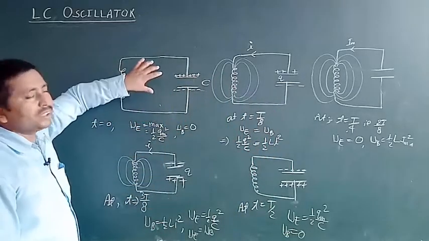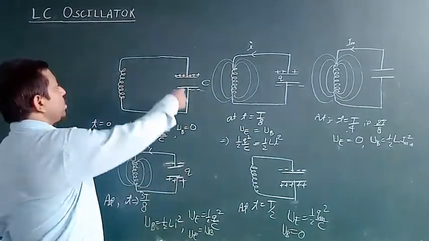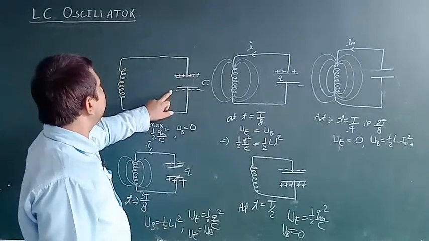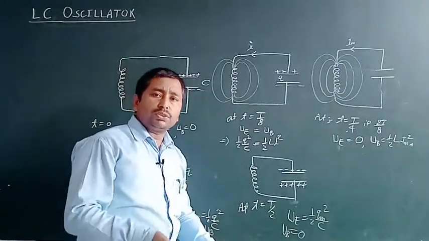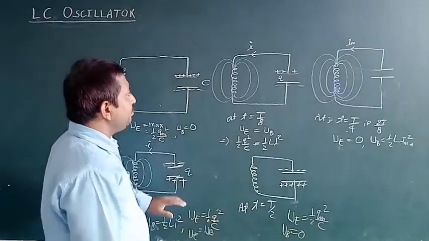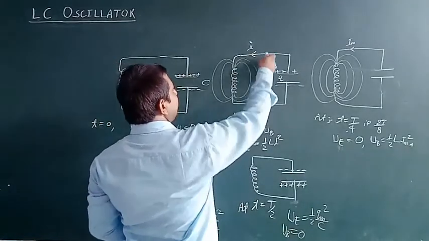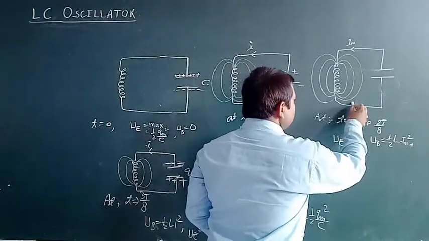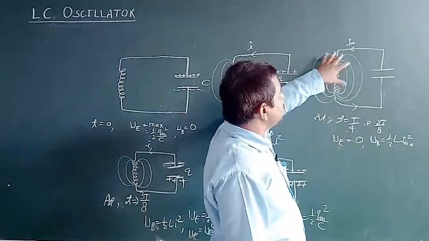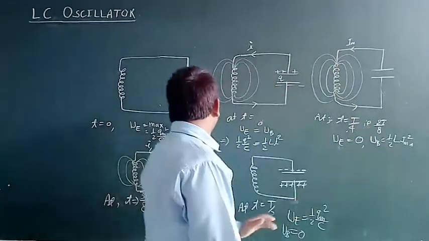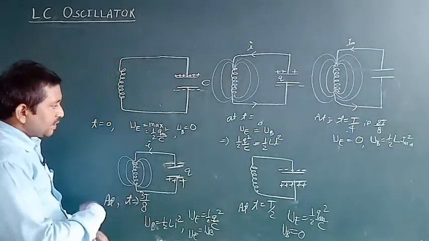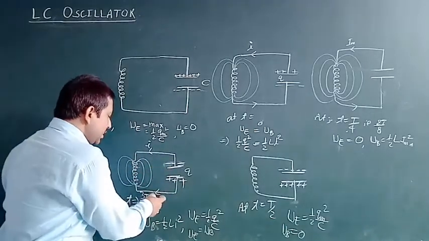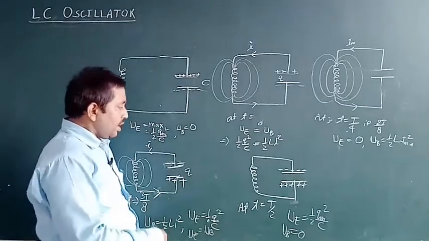Now if we talk about this case, there is no current at the initial time. When we connect this inductor to this capacitor, current starts flowing through the inductor, and after some time we get the direction of the current in this way. After some time interval the current through the circuit is maximum, and then the current decreases while its direction remains the same.